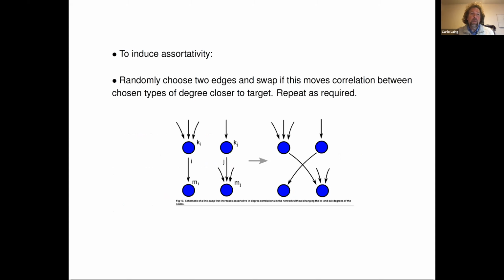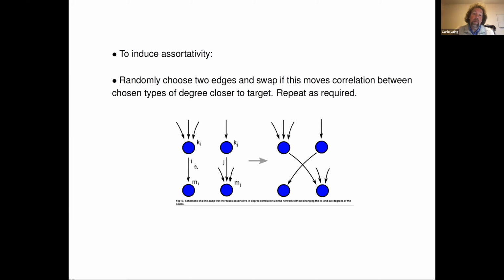So how do we get assortativity in a network? Well, we wire it up randomly, and then we go through this process of randomly choosing two edges. We'll call them I and J here on the left. This is a way of inducing correlations between the in degrees of our neurons. On the left, we've got a high in degree neuron connecting to a high in degree postsynaptic one, and a low in degree connecting to a high in degree.